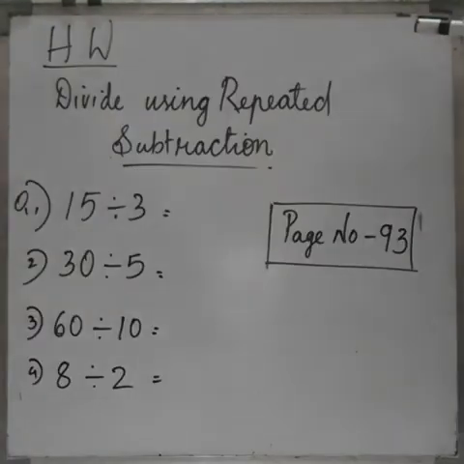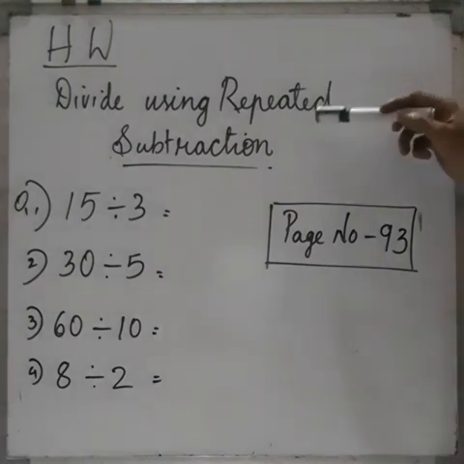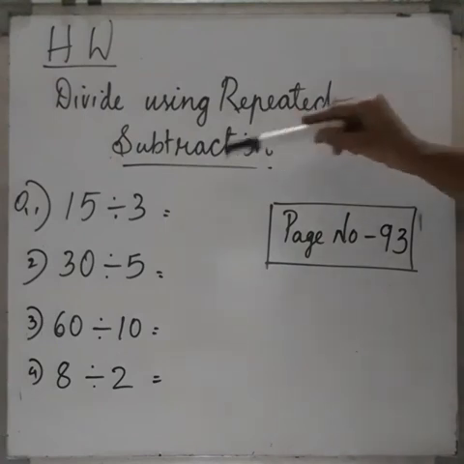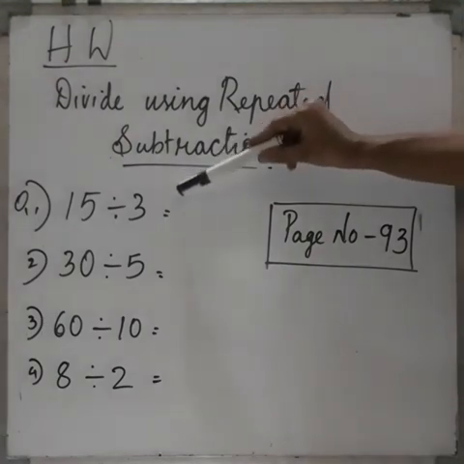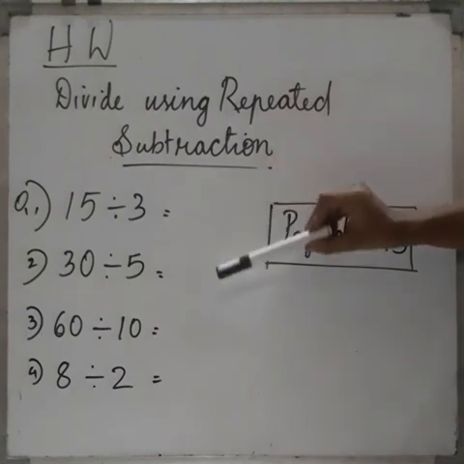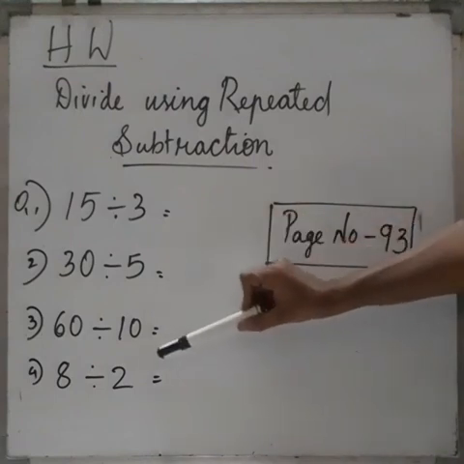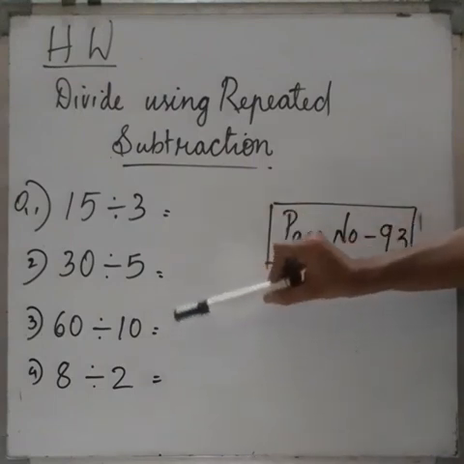Here I have given some homework. Heading is divide using repeated subtraction. Questions are 15 divided by 3, 30 divided by 5, 60 divided by 10 and 8 divided by 2.